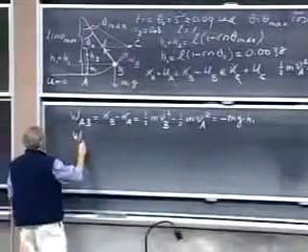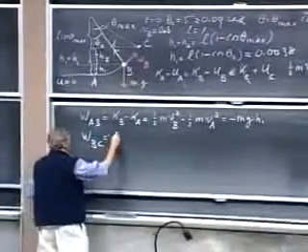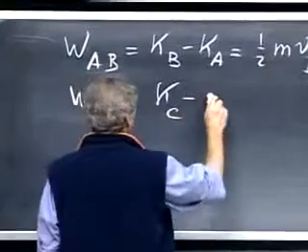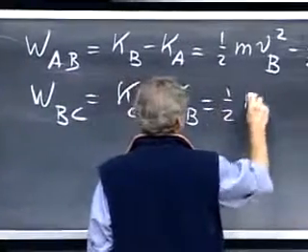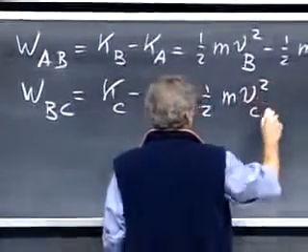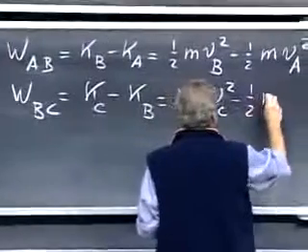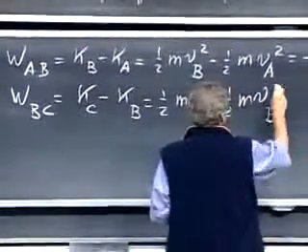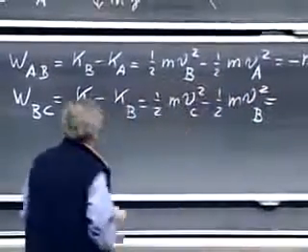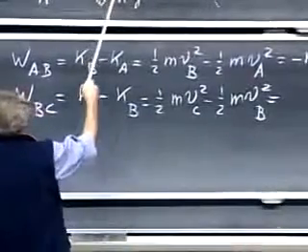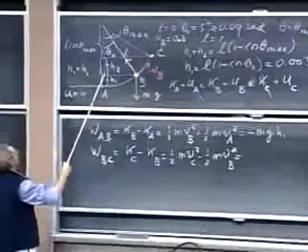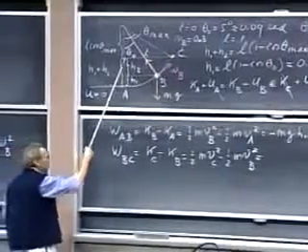The work done when the object goes from B to C is the kinetic energy at C minus the kinetic energy at B. That equals 1/2 m vC squared minus 1/2 m vB squared. And that is the work that gravity is doing when the object goes from B to C. And that work is minus mgh2.